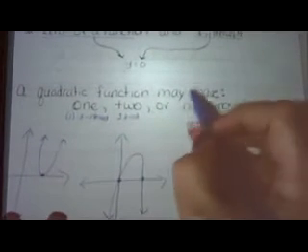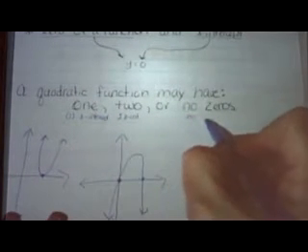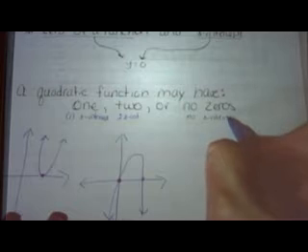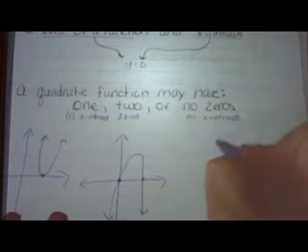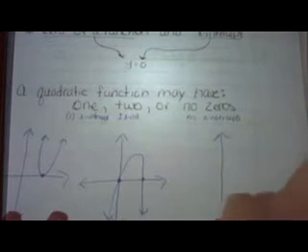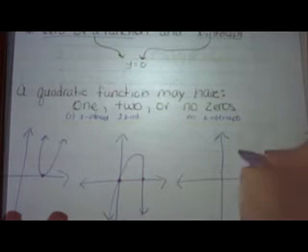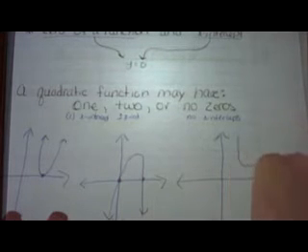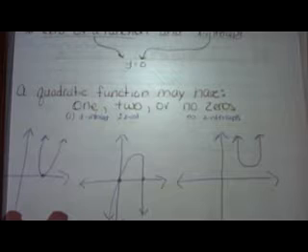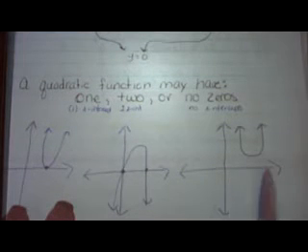And then no zeros means I have no x-intercepts. An example of a parabola that does not have any x-intercepts or zeros would look something like this. It never crosses the x-axis.